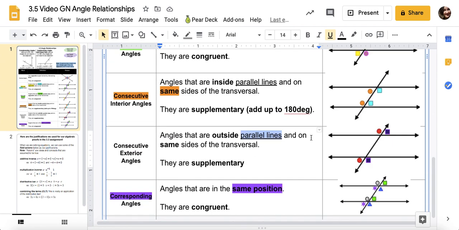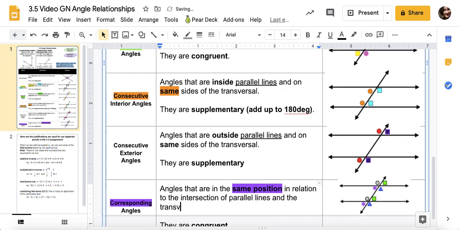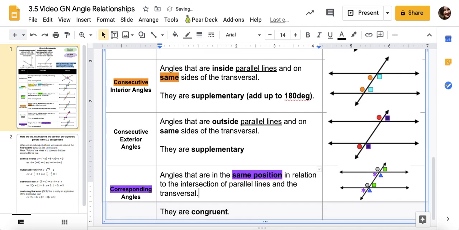But all the rest of these do need parallel lines. I'm going to say in relation to the intersection of parallel lines and the transversal. Okay, that way we can make sure we know this one also needs those parallel lines.